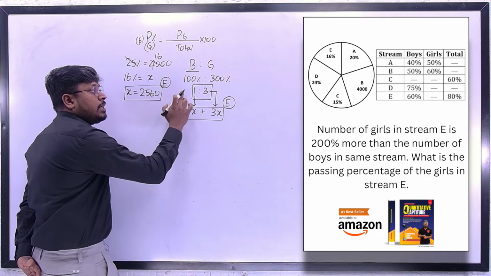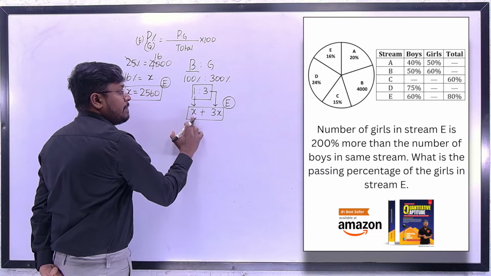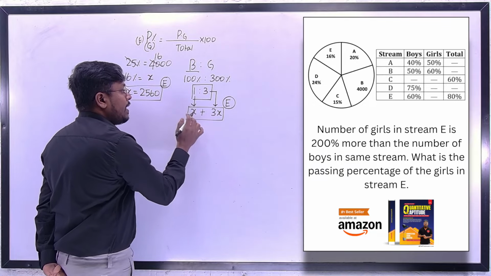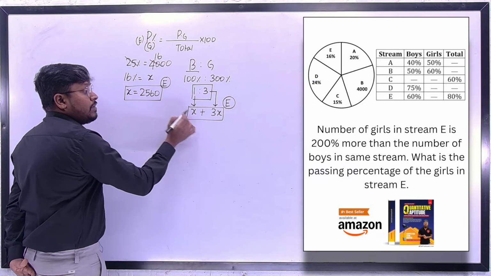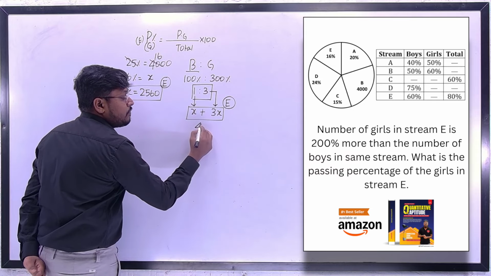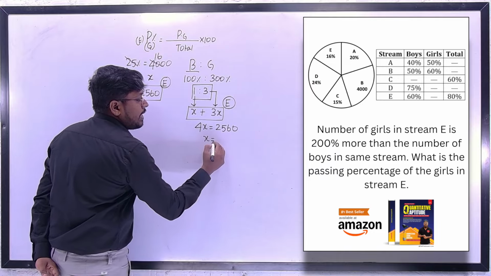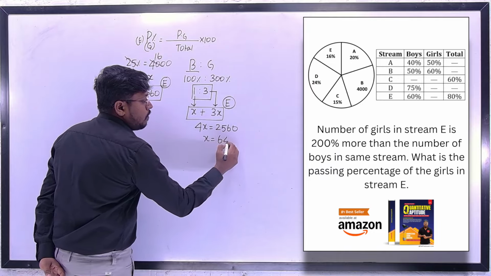And we know that the total number of boys and girls are in the ratio 1:3. That means X plus 3X. So now what is X? It is 2560, but not the direct value, we have to add it, right? So X plus 3X will be 4X. So 4X equals 2560. Then what about X? 640.